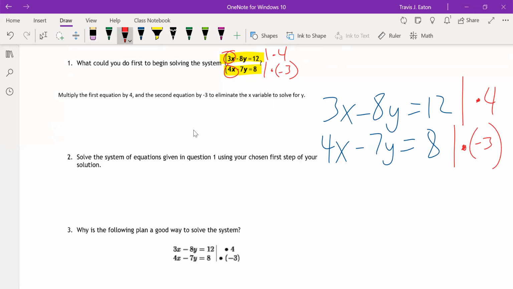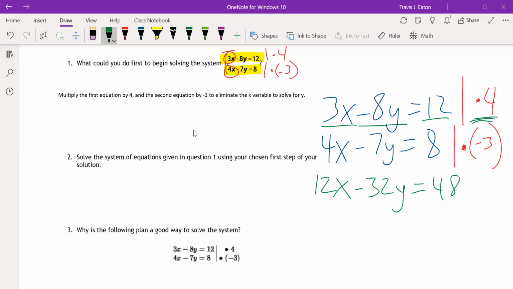So when I do that, I'll take 3x times 4 is 12x. -8y times 4 is -32y. And 12 times 4 is 48. Okay.